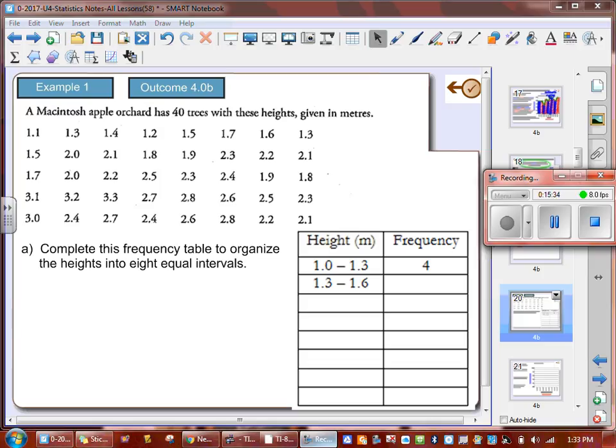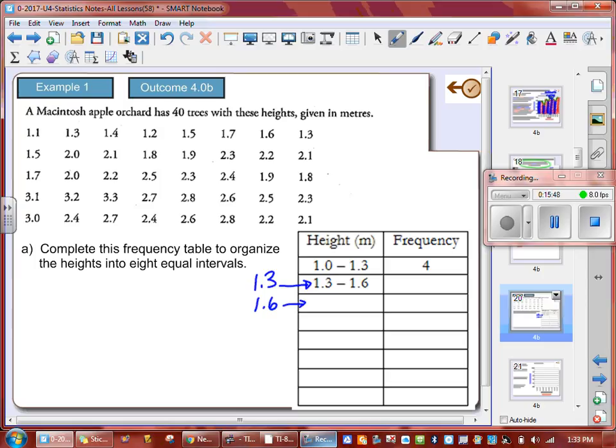It's in the second one. So what happens is, on this one, you're not including 1.3. Okay, they're just showing that last number so that they show you that the bars will be connected.